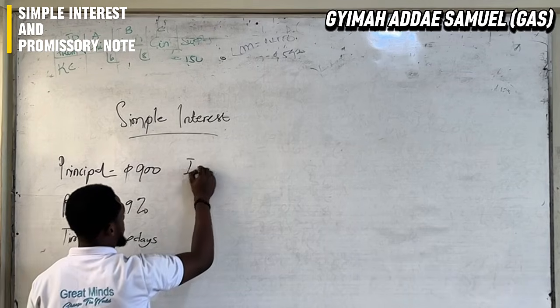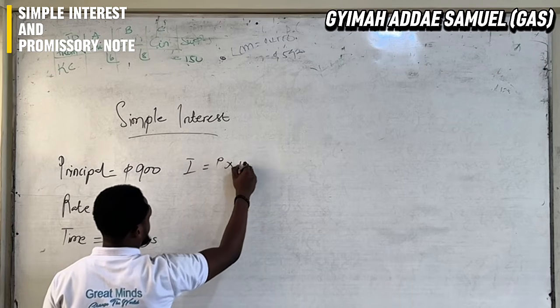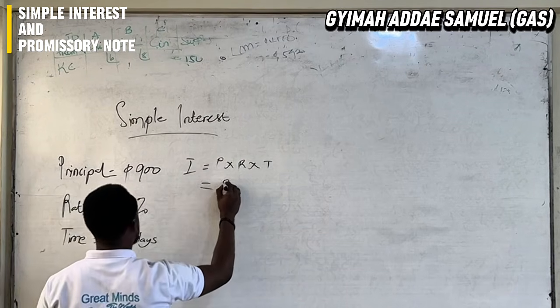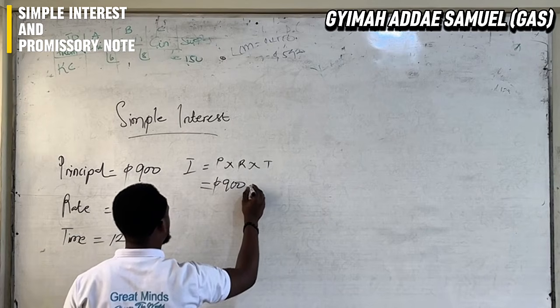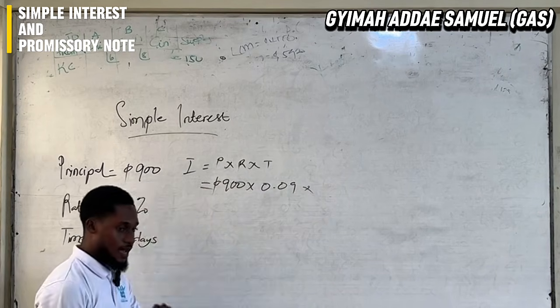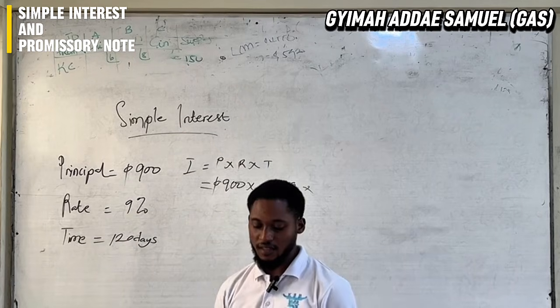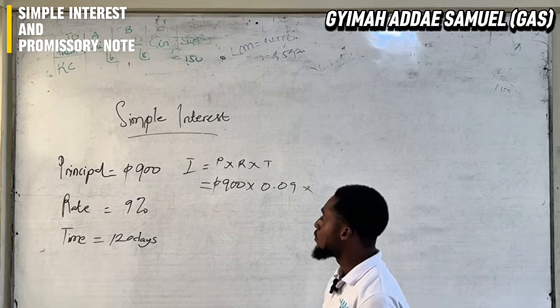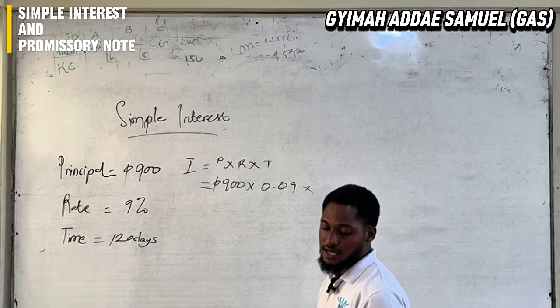So you state your formula as usual. Your P is 900 cedis. Your rate is 0.09. And now the time is 120 days. So the question made it clear that we are using exact simple interest.